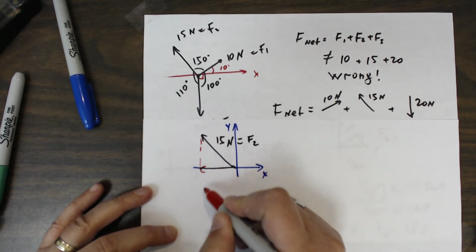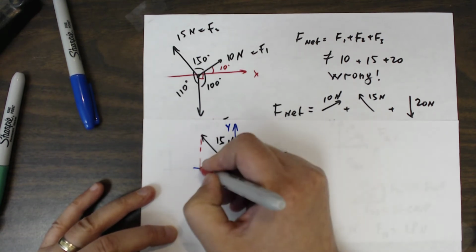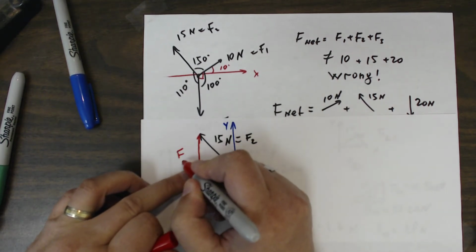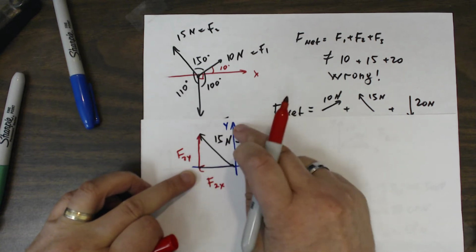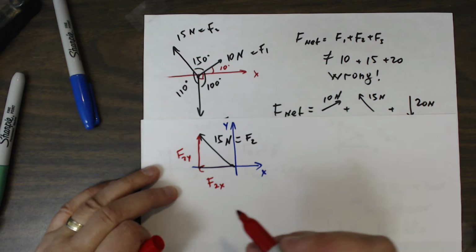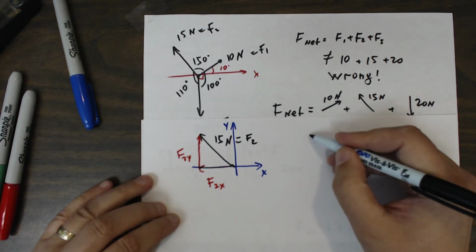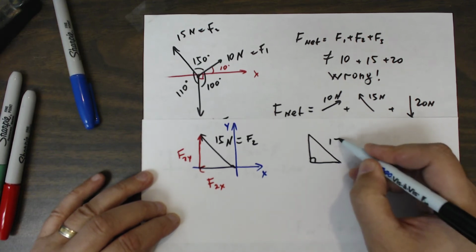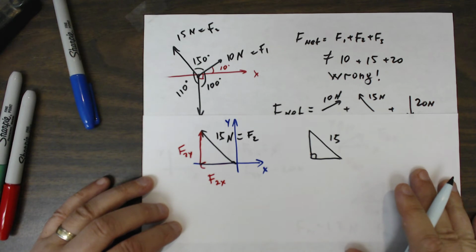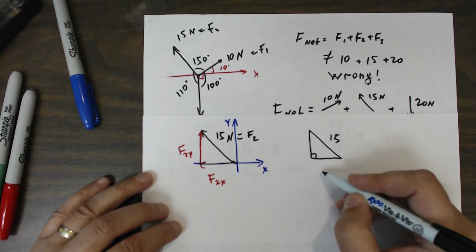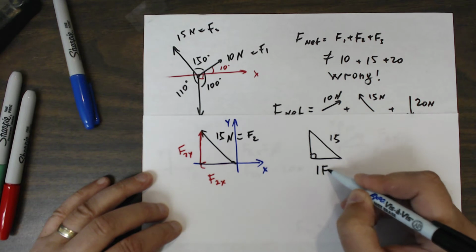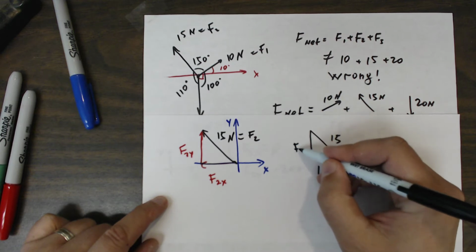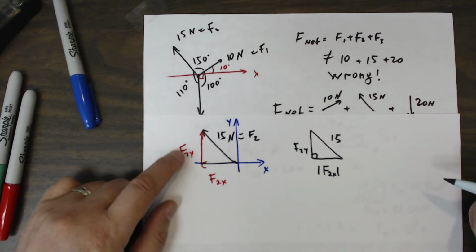The x component, F2x, points to the left, which makes it negative. The y component points up, which makes it positive. So again, a vector together with components always form a right angle triangle. The hypotenuse equals 15. This side is equal to the magnitude of the x component. This side is equal to the y component because it's positive.